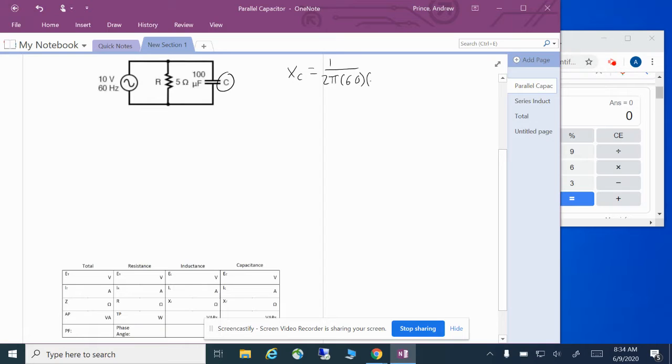And it's microfarads, right? So I'm just going to write it out as farads so I can put it straight into my calculator.